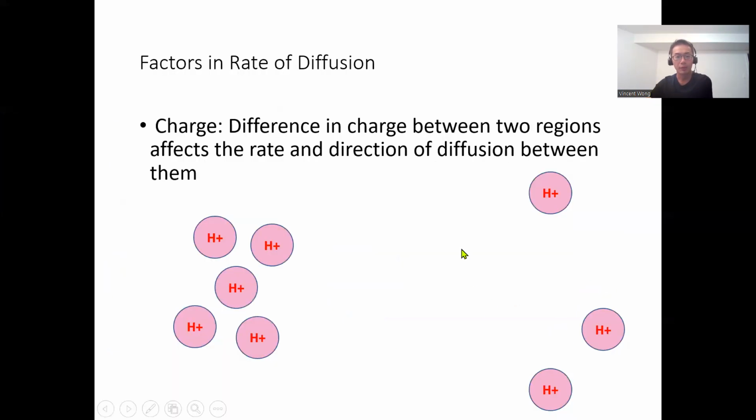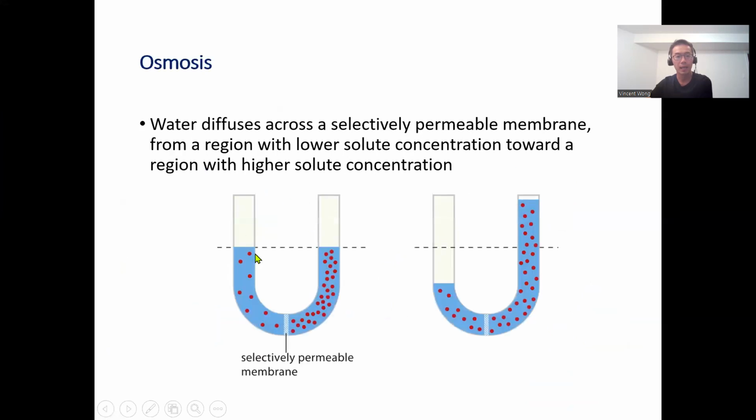So here is another view. We have a U-shaped tube here, and then there is a membrane at the bottom, right? That separates the two solutions. It's more concentrated on the right side here, high concentration. This is low concentration.